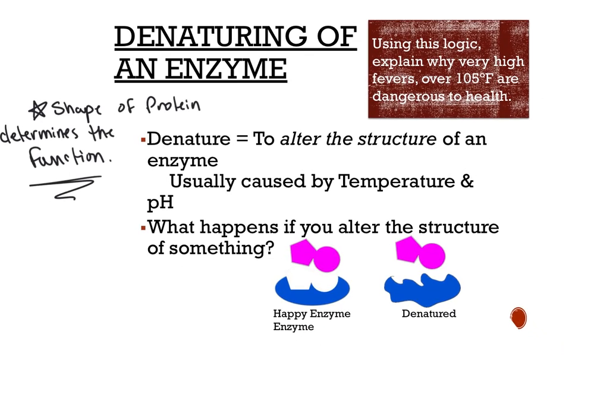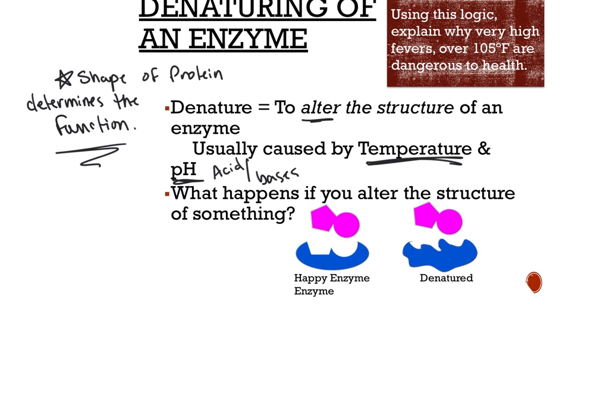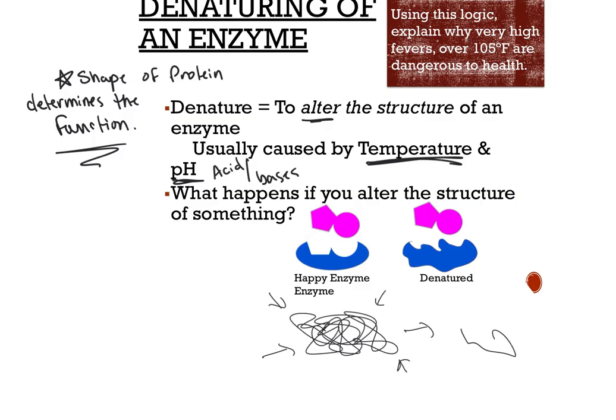So anytime that these enzymes get exposed to an extreme environment, things like high temperature or low or high pH, acids and bases, then what we see happens is that enzyme, because again, proteins fold into their particular shape, when they have these extreme forces like in temperature and also pH, it causes that protein to become misshapen, okay?